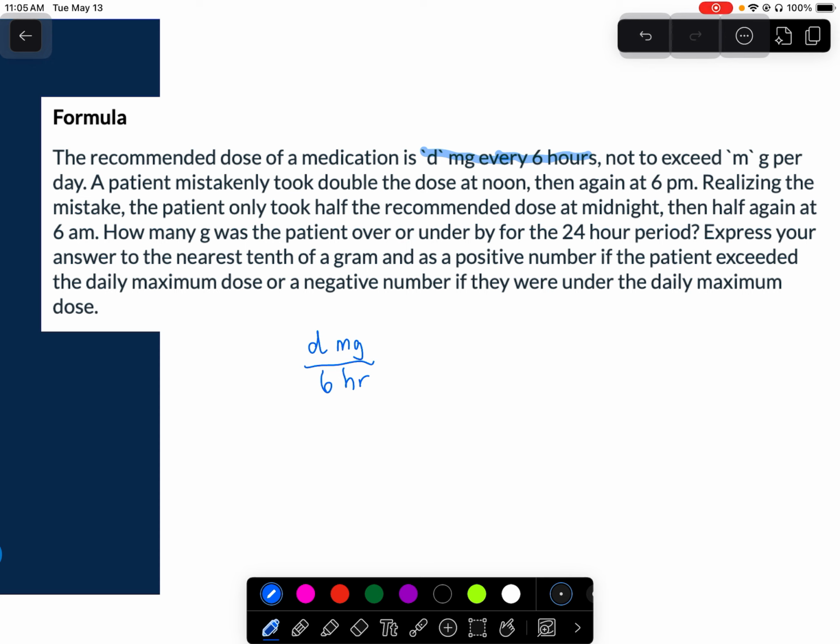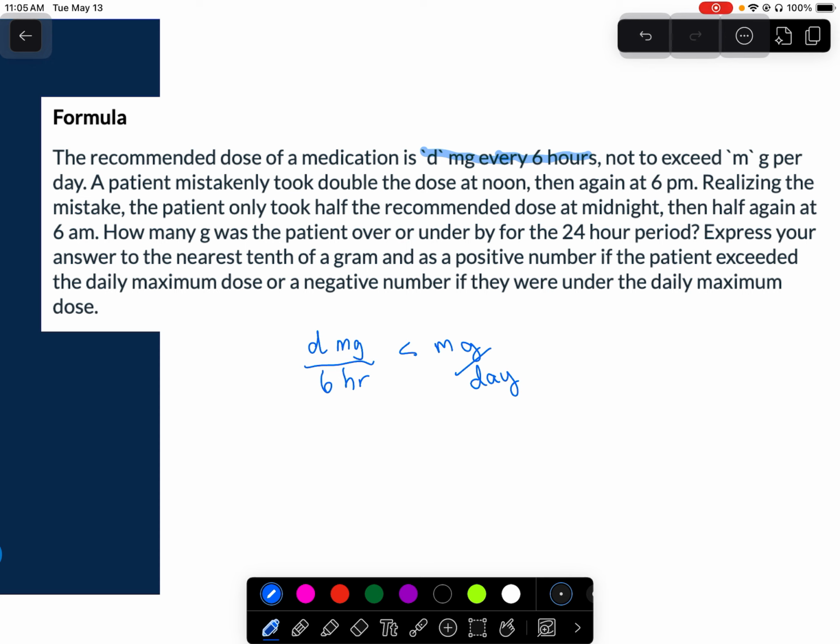So the top of our fraction is the D milligrams. The 6 hours goes underneath, and it says not to exceed M grams per day. So it has to be less than M grams per day. Okay.